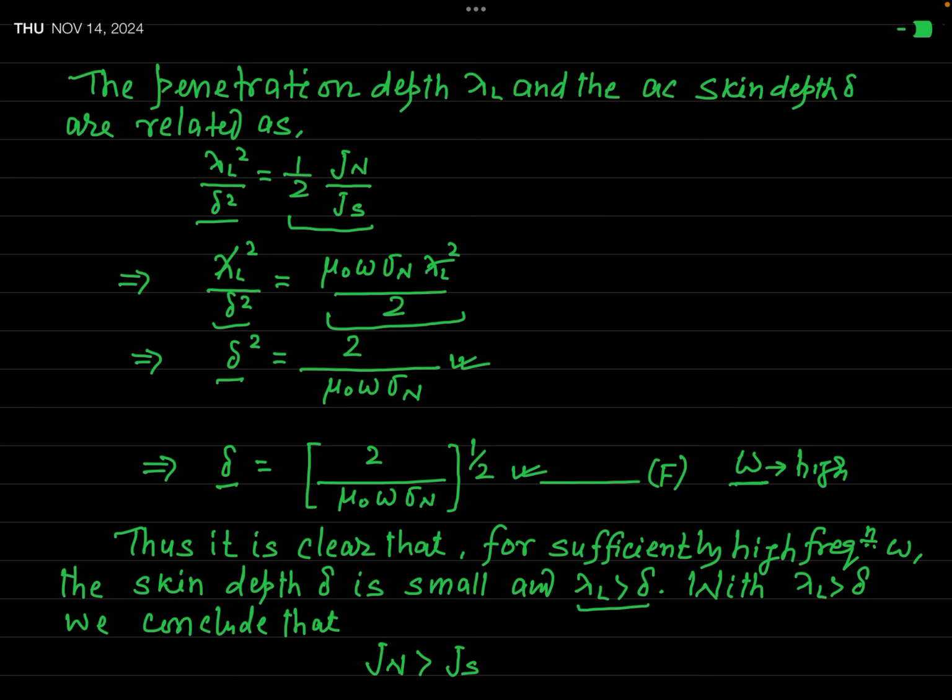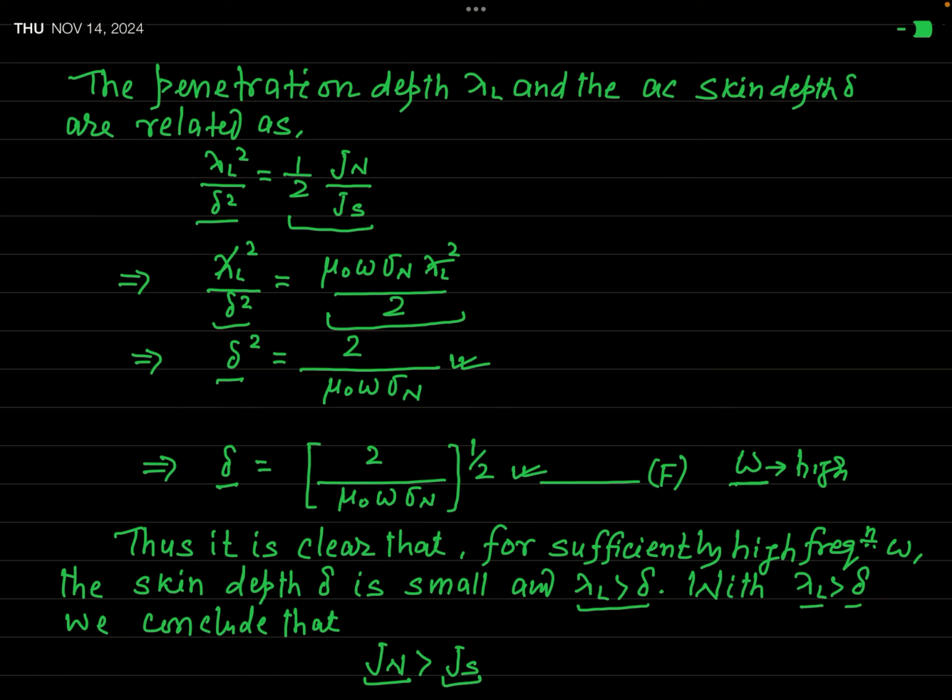And if lambda L is greater than delta, then definitely Jn will be greater than Js. What does it mean? It means the current density due to the normal electrons will be greater than the current density due to the super electrons.